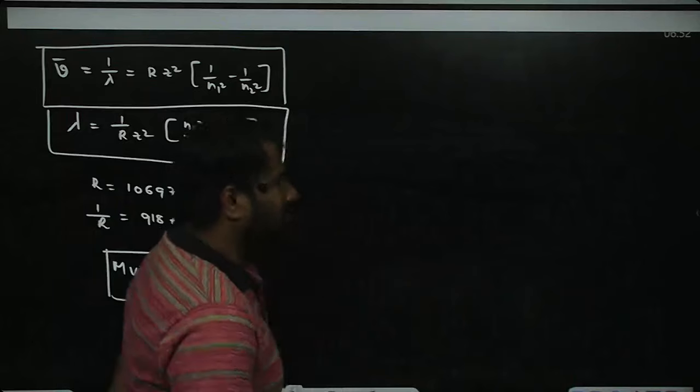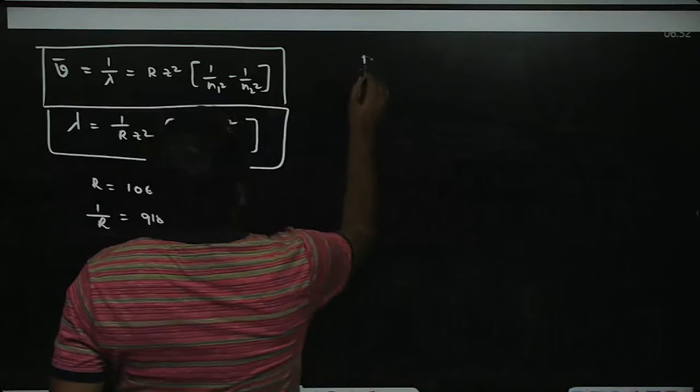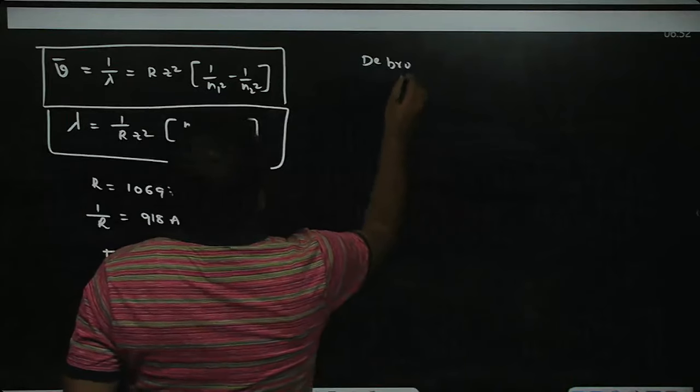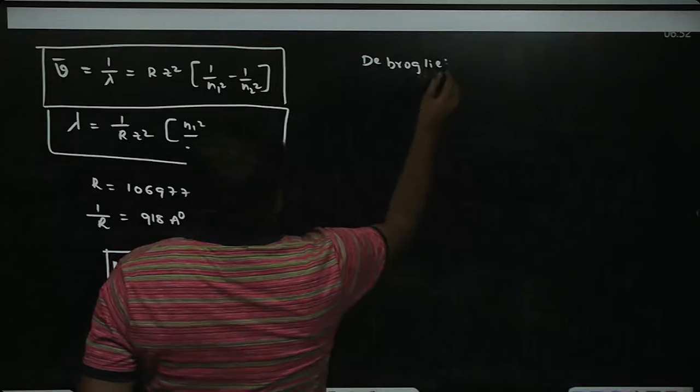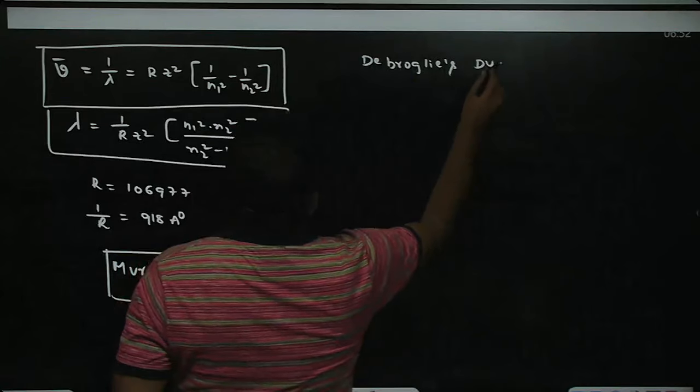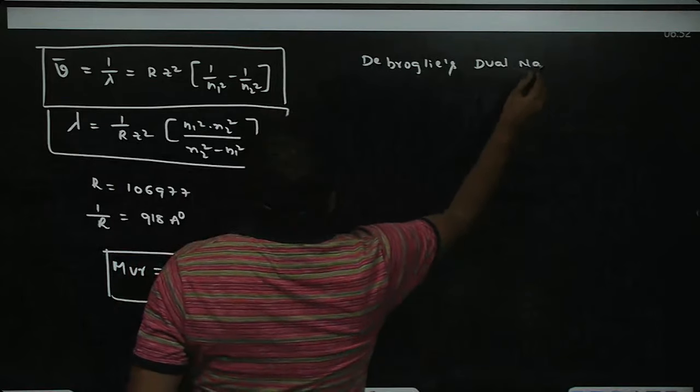The first concept is de Broglie's dual nature of matter. What is dual nature?